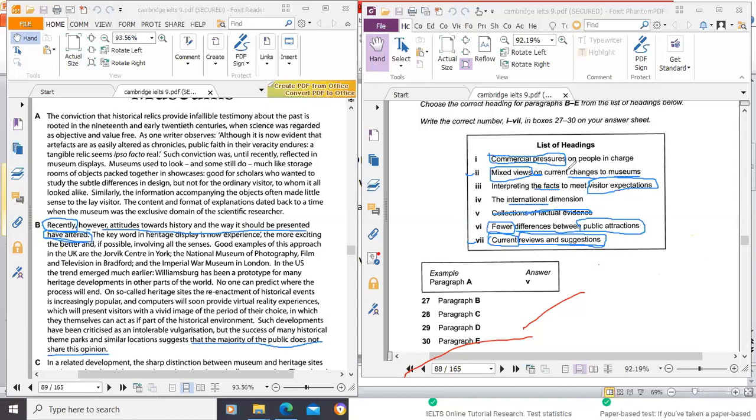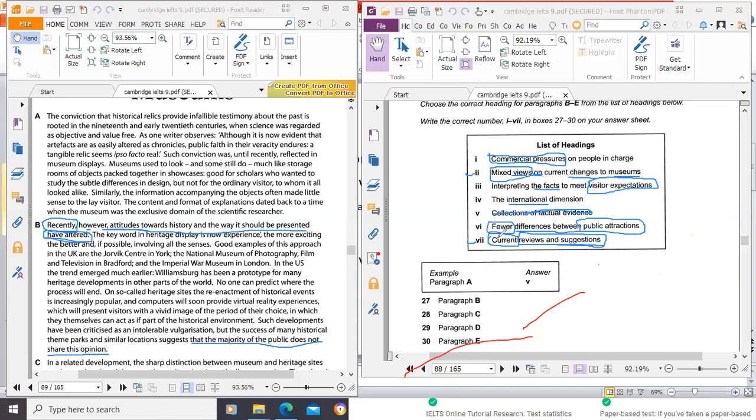Okay, so you will see that all these things are very important because views are attitudes and there is a change there. The change is how we present history, how they monetize history and museum. So even if you are in doubt, you have chosen 2 or 7, it is allowed.